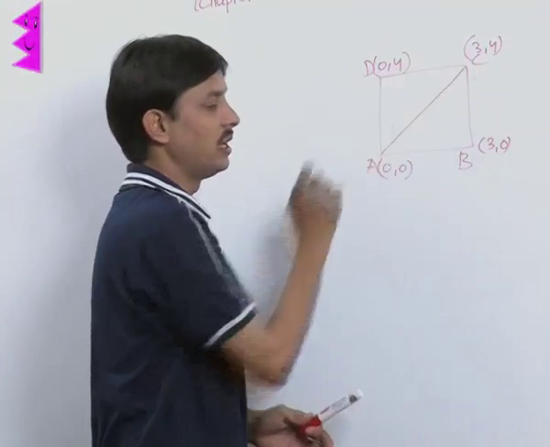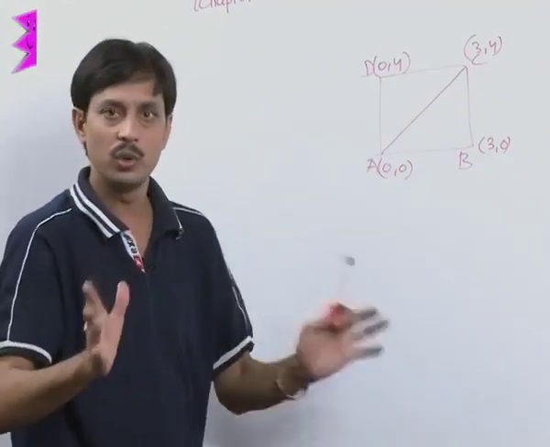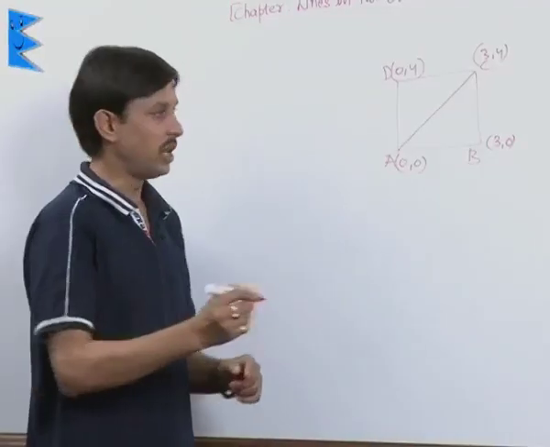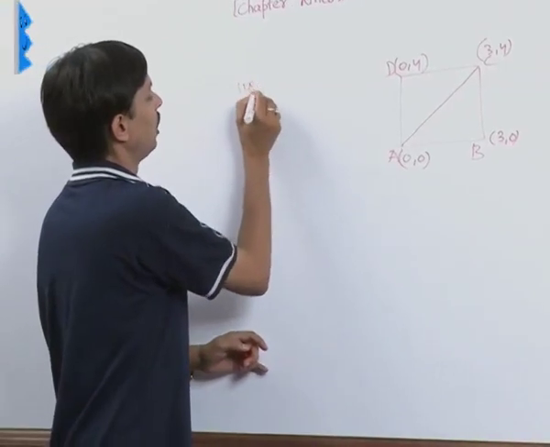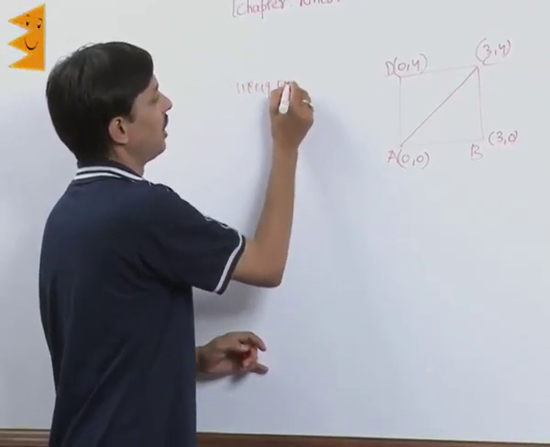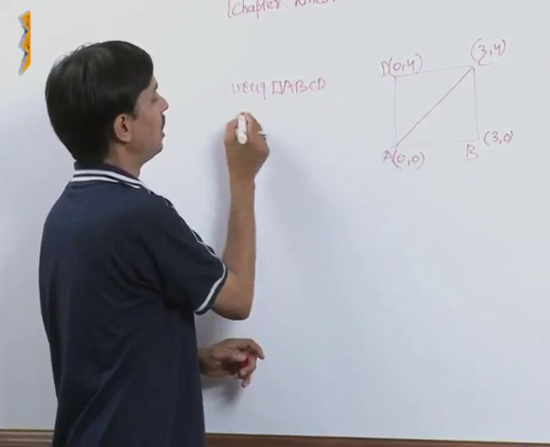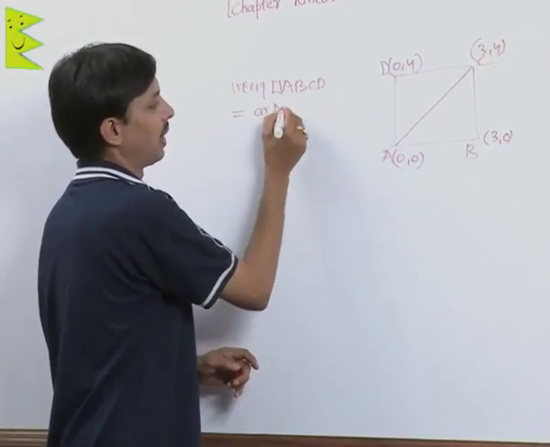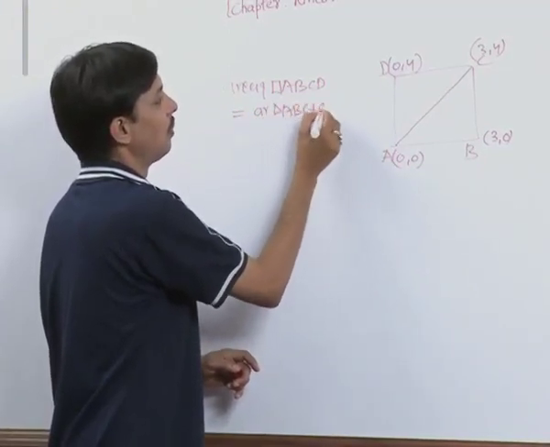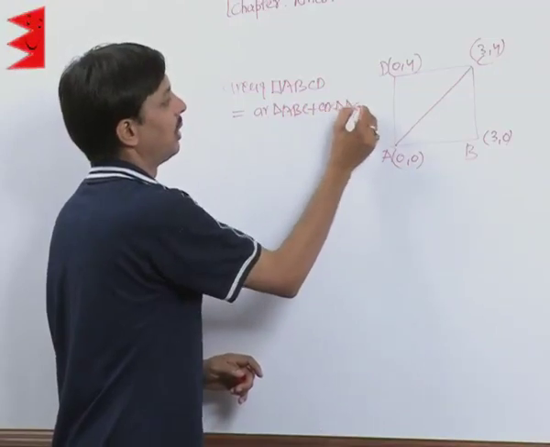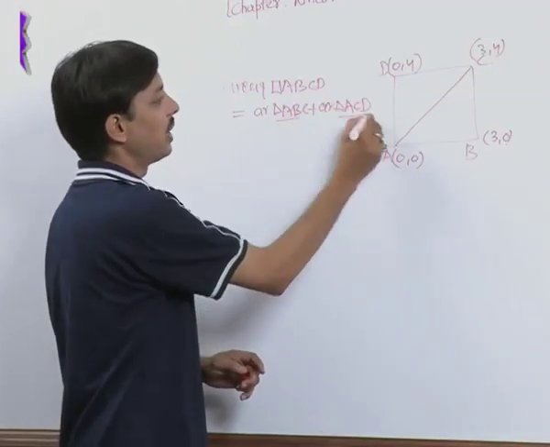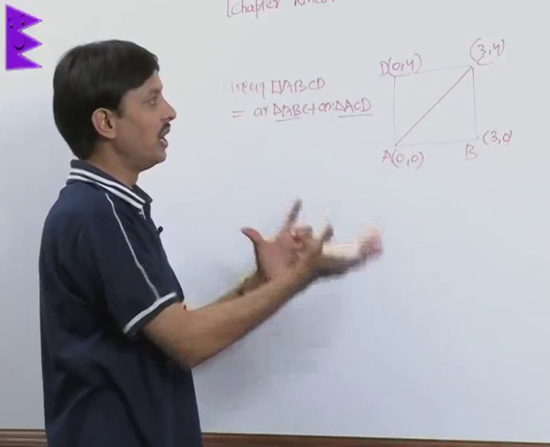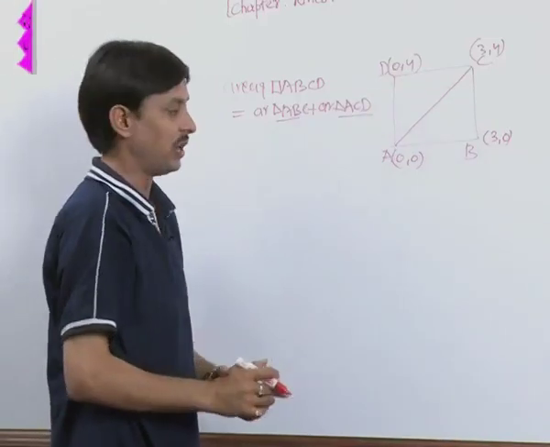By joining AC, it has been separated into two triangles. So the area of quadrilateral ABCD is equal to the area of triangle ABC plus the area of triangle ACD. Their combination will give us the area of the complete quadrilateral.